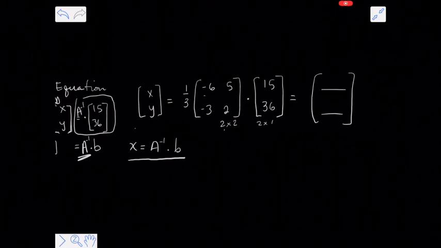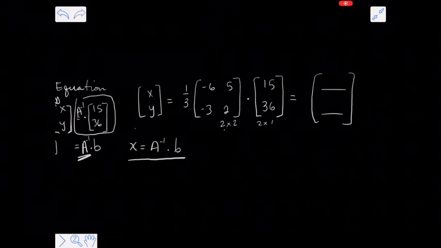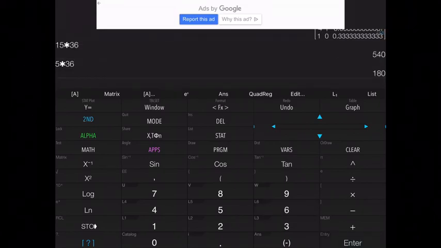So the first entry is going to be across that row and down the column. So first entry times first entry, -6 times 15, that's -90. Then move across the row, down the column, and 5 times 36. There we go, 180.